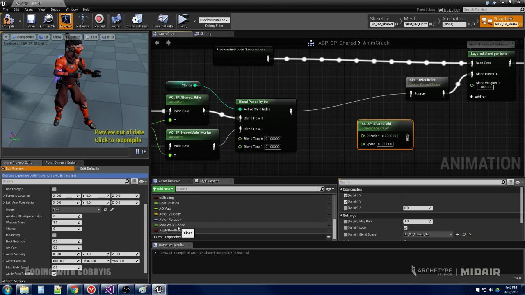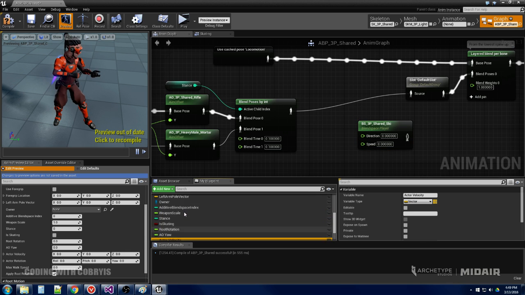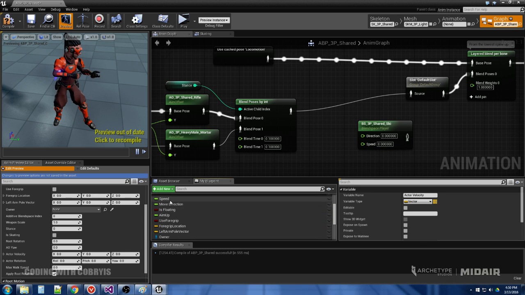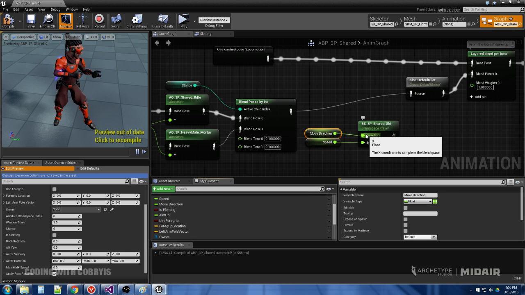Okay, again, we'll take our speed, our move direction.